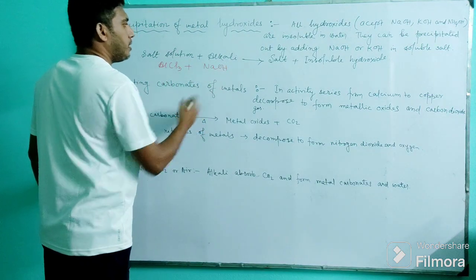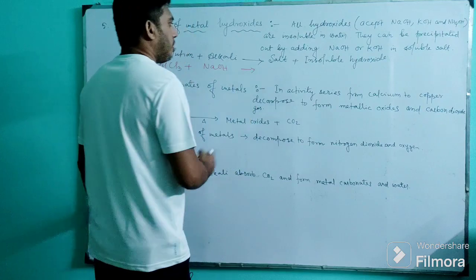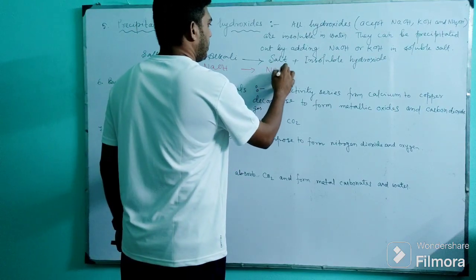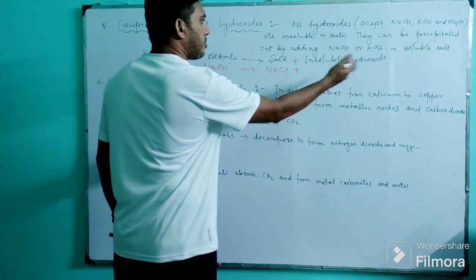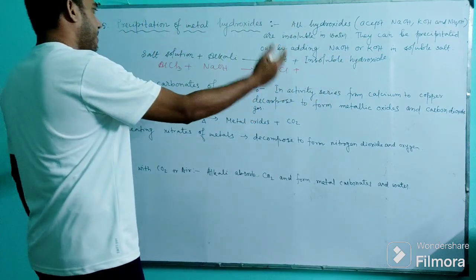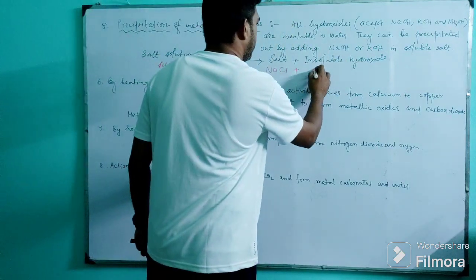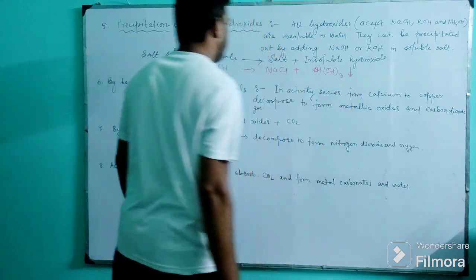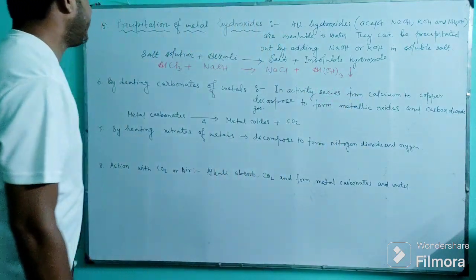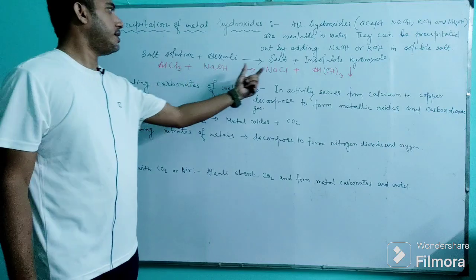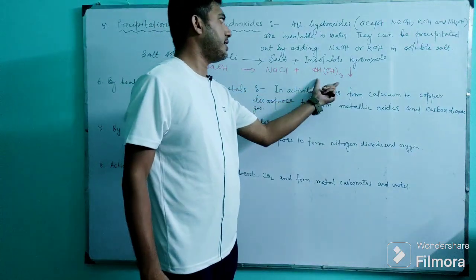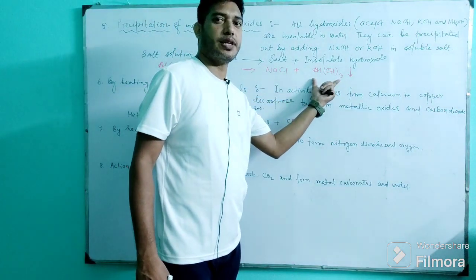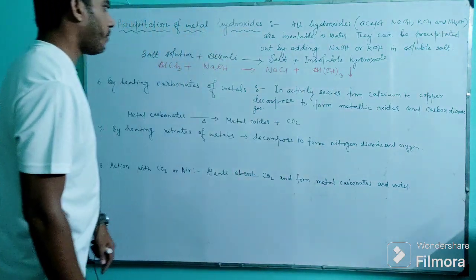The normal salt NaCl is produced, but the insoluble aluminum hydroxide will be precipitated out of the solution.